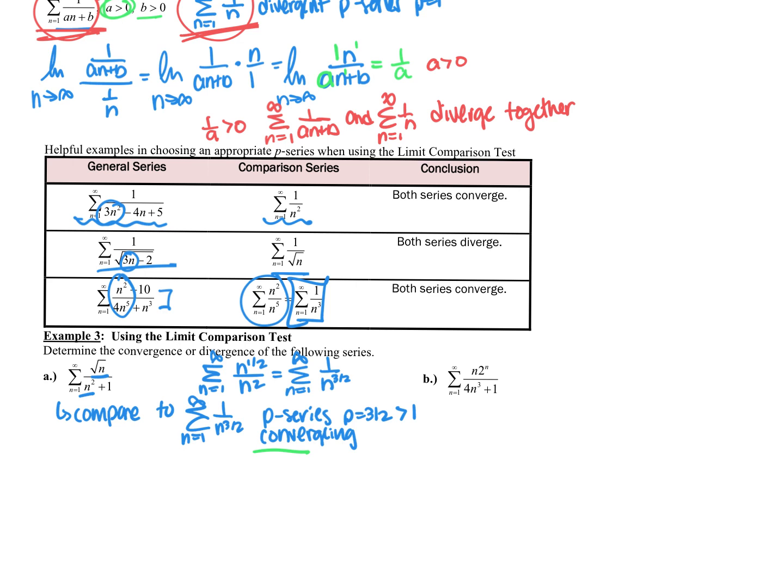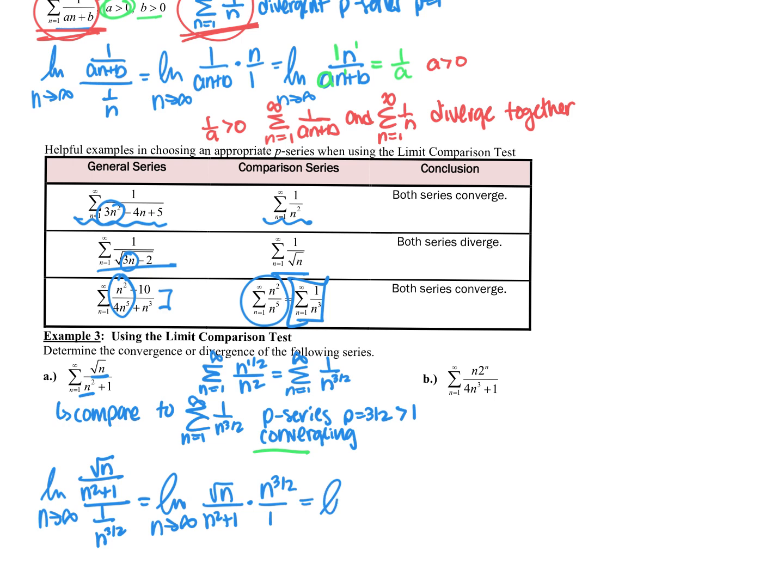So what we're going to do is we're going to take the ratio, limit as n approaches infinity, more complicated one on top, divided by 1 over n to the 3 halves, ratio of the two series, flip and multiply, and then we'll have the limit as n approaches infinity.